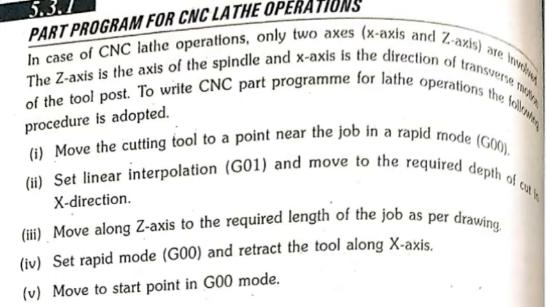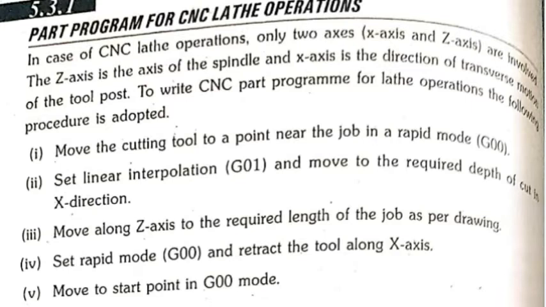The Z-axis is the axis of the spindle, and the X-axis is the direction of transverse motion of the tool post. To write the CNC part program for the lathe operations, the following procedure is adopted.